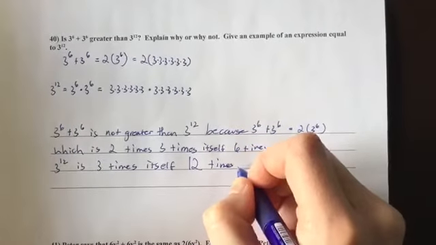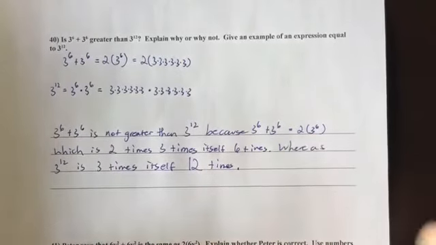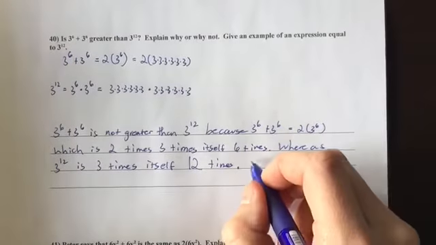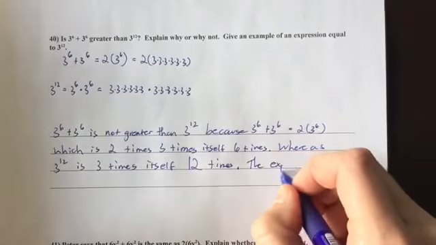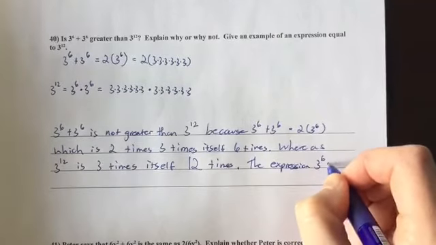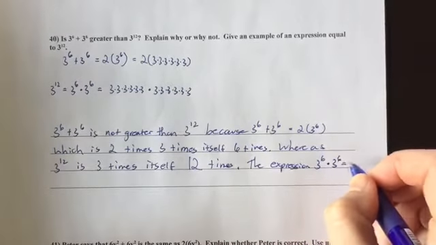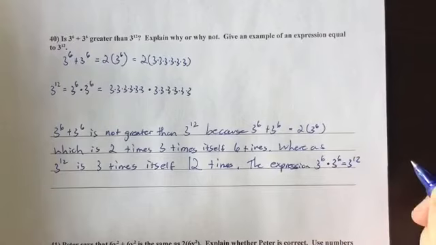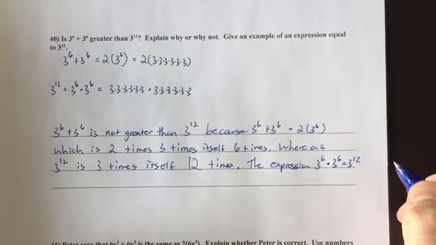So that's going to be way bigger. So then to give an example, the expression 3 to the 6th times 3 to the 6th would be equal to 3 to the 12th.